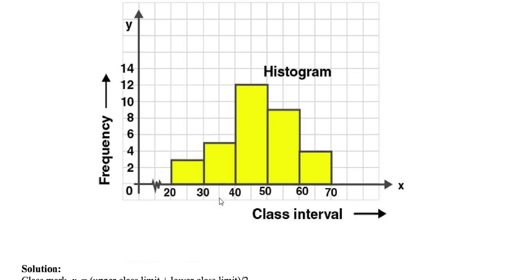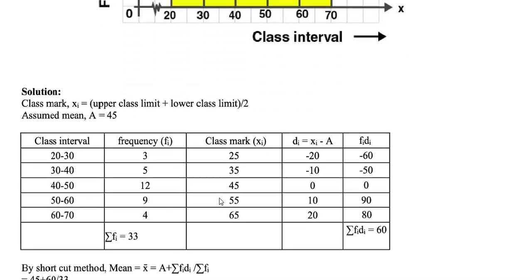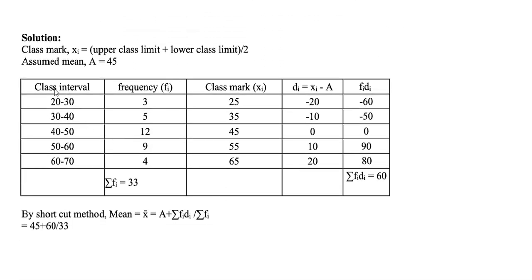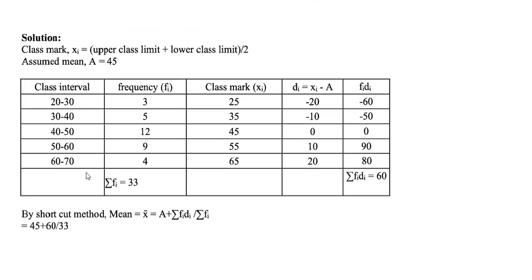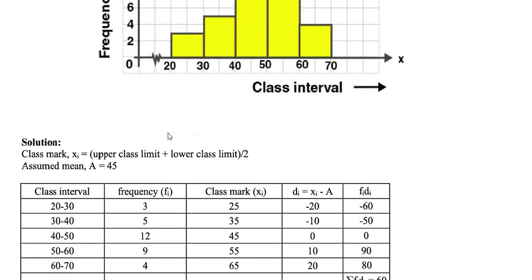So I have to make a table first. This is the table. Make the class intervals like this: 20 to 30, 30 to 40, 40 to 50, 50 to 60, 60 to 70. Frequency: how to take the frequency? From 20 to 30, the region comes between 2 and 4, so 2 and 4 means 3.